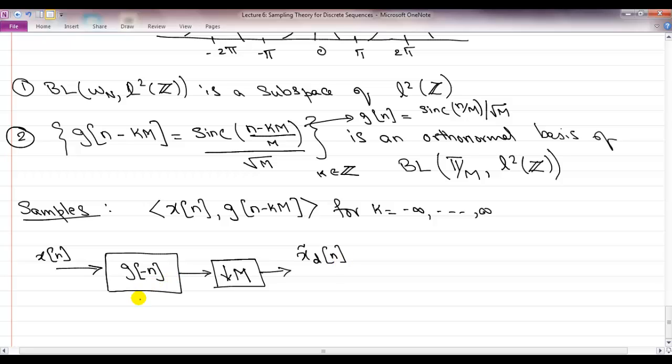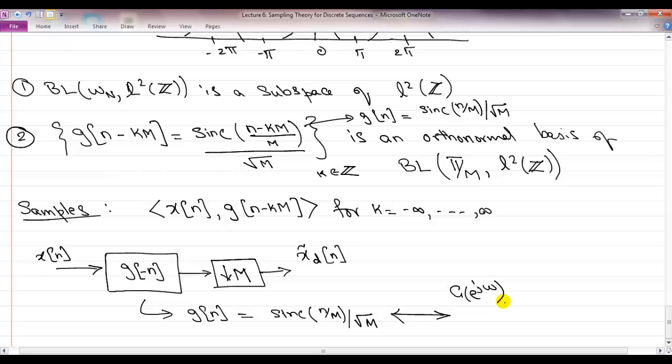Now let's look at what this filter looks like. This g[n] is sinc of n over m over square root of m. What is the Fourier transform of this filter? What is G(e^{j omega})?